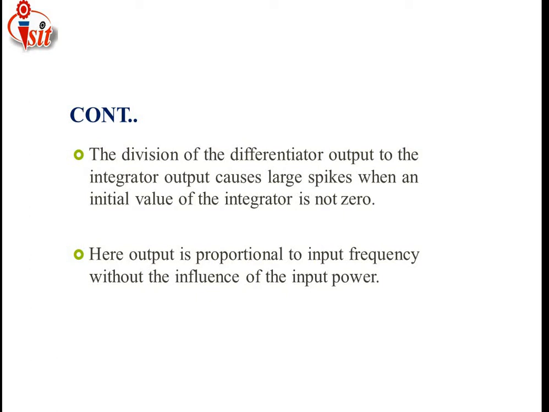Integration of x is written as x square plus c. Like this, integration is an extension type of mathematical operation. For that reason, at the initial level the integration output does not come as 0. So the ratio of the differentiator output to the integrator output causes a large spike when the initial value of the integrator is not 0.